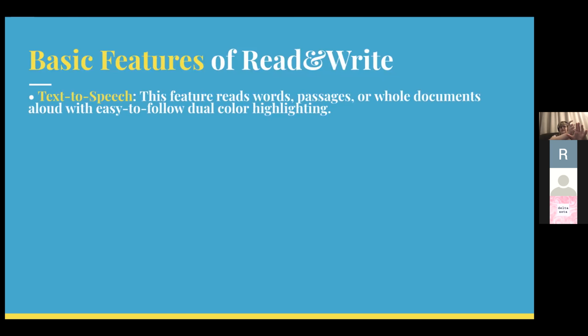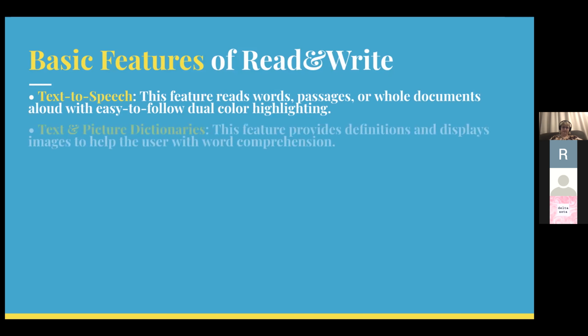And it will do this by highlighting the full sentence, and then it will also highlight each individual word as it's being said. So that's a really helpful tool for students who might have troubles with reading comprehension.